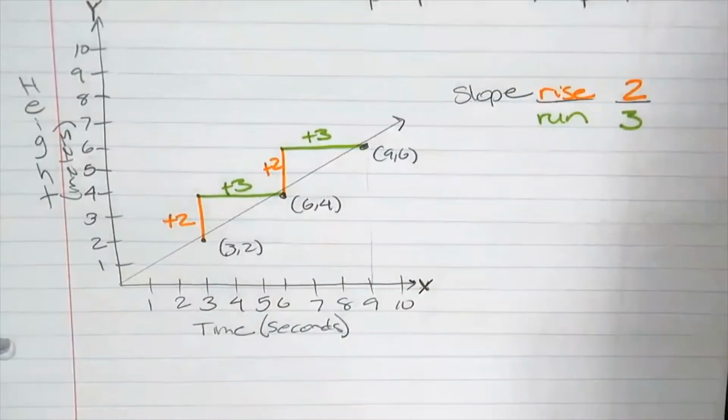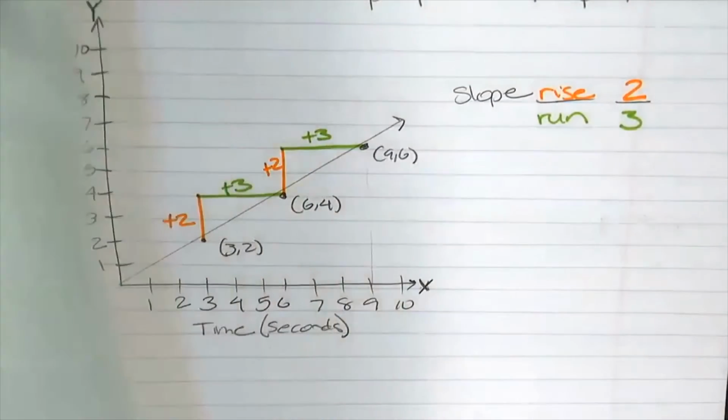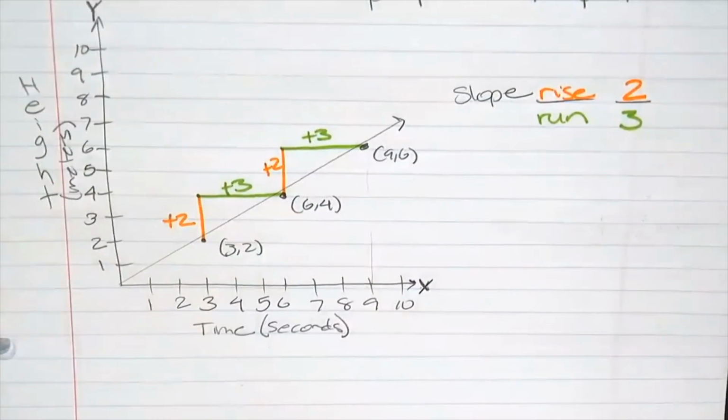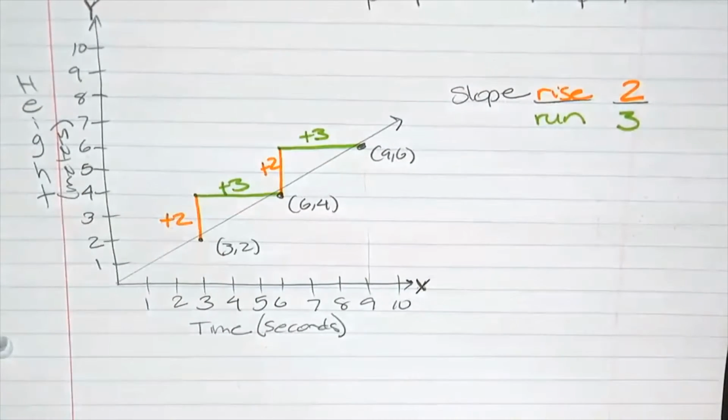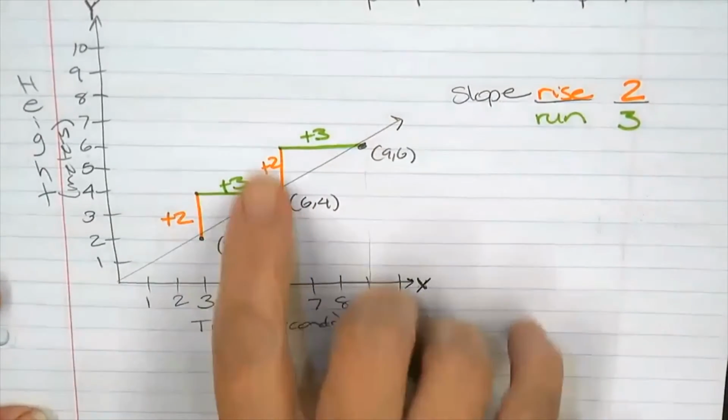Now, the new stuff. We already reduced the fractions and turned everything to decimals. We know this is a proportional relationship. But how do we know it's proportional by looking at the graph? Well, we have a straight line. We have a slope.